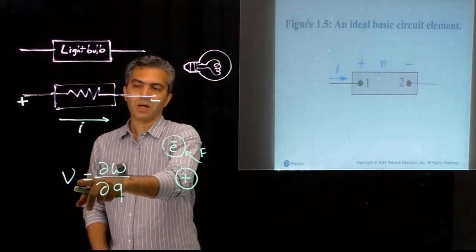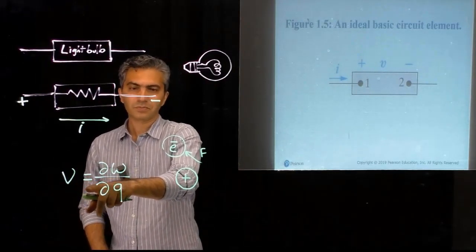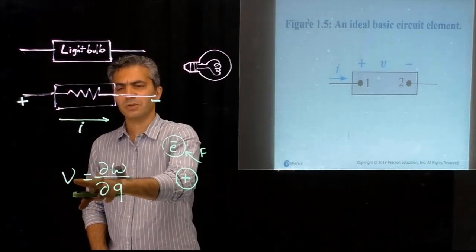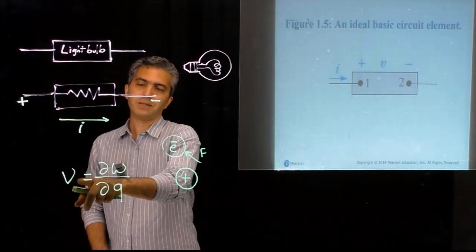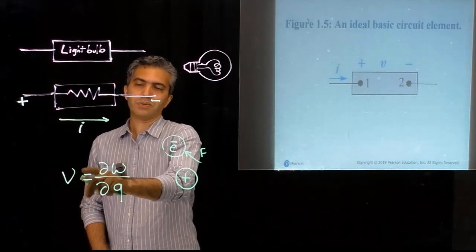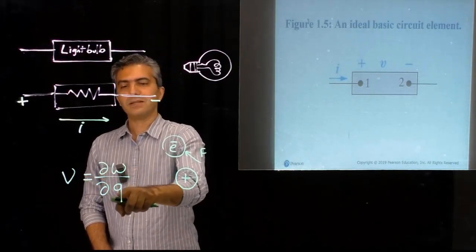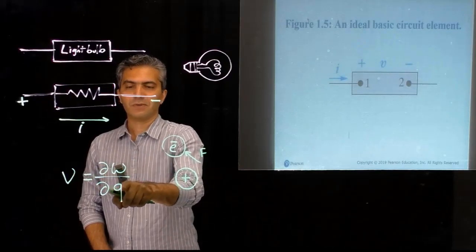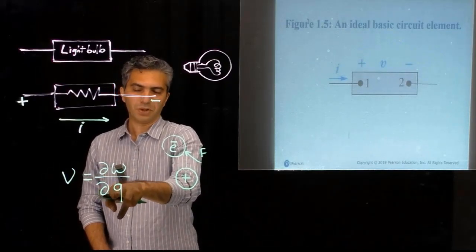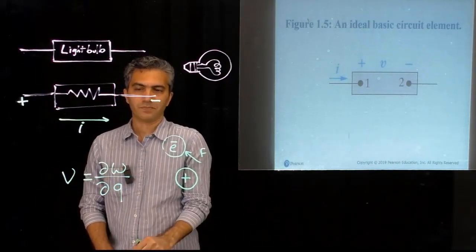Okay, so now electrical potential. This electrical potential basically represents the rate at which the energy of the system changes per unit of charge.